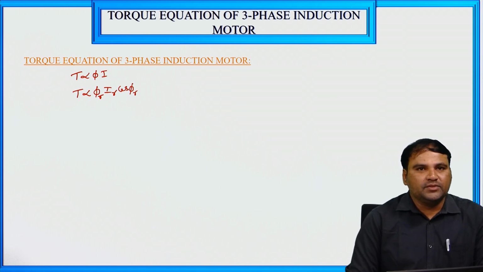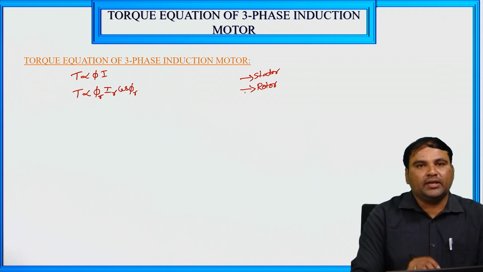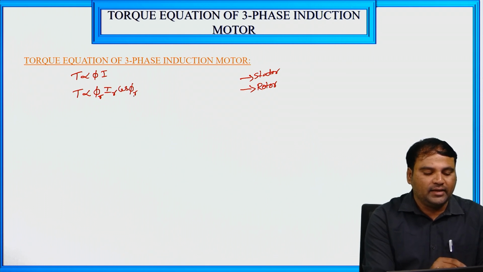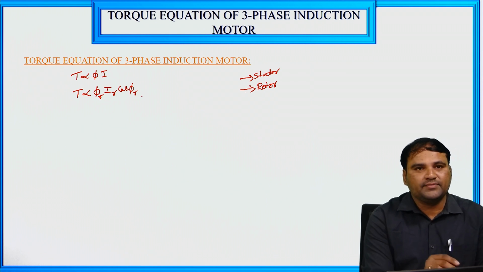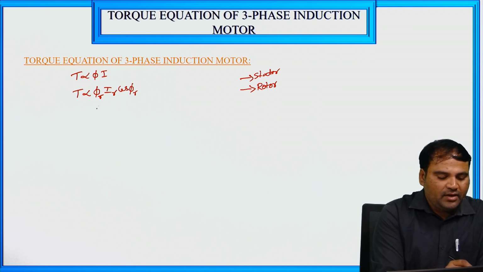In an induction motor we have two main parts, the stator and the rotor. So these are the rotor flux, rotor current and power factor cos phi R, and this equation we can also write like this.